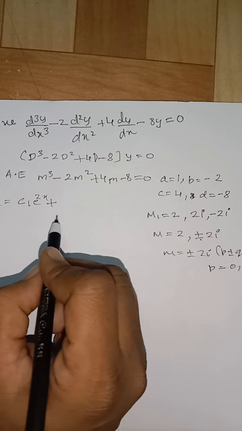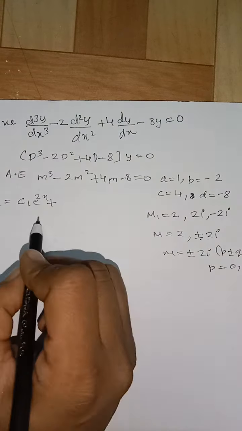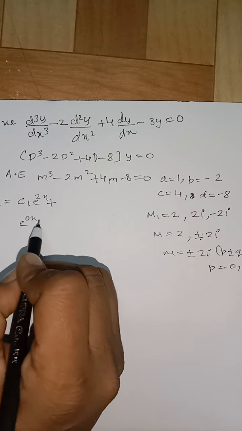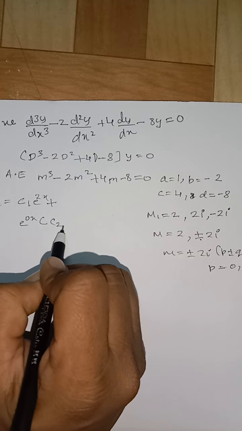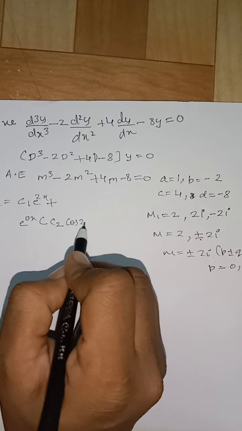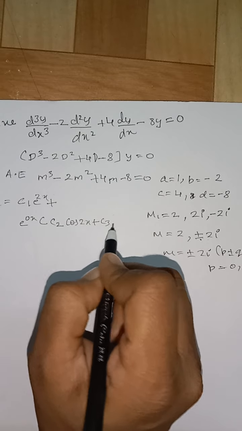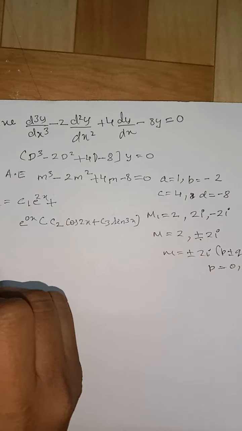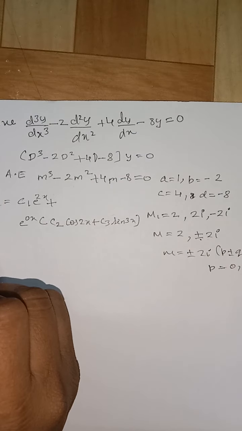So again we have to add the second part for the roots. So it will be e raised to p value is 0 into x, c2, as already we have taken c1, c2 into cos 2x plus c3 into sin 2x. So let us simplify it and write the solution.